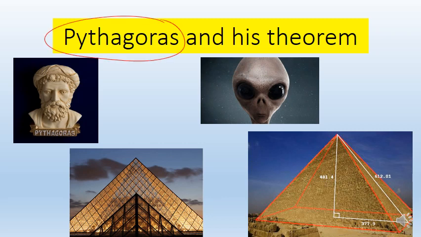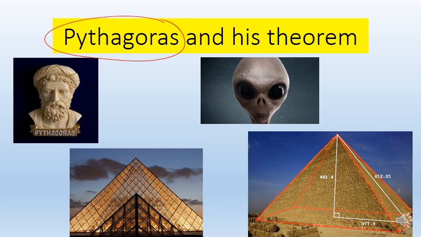Well, I've just got a little slide here showing you that the Theorem of Pythagoras, while it has many applications in mathematics, has also many applications in architecture, in agriculture, and if you are like me who believe in aliens, if we want to communicate with beings from outer space or other parts of the universe, we could use the Theorem of Pythagoras. In fact, we actually did to communicate or beam up signals using this theorem.